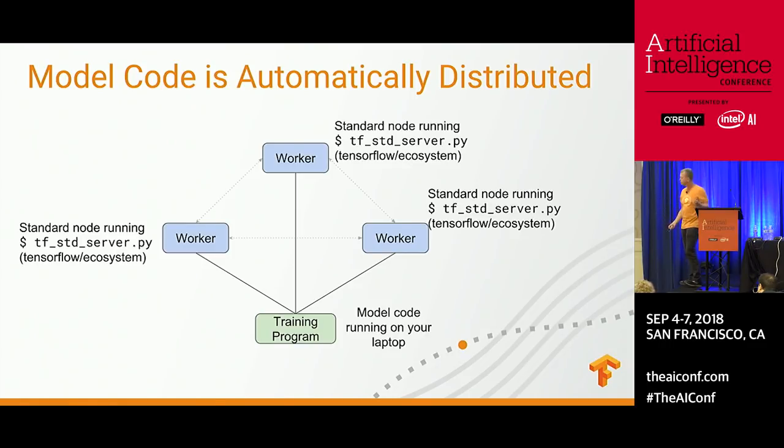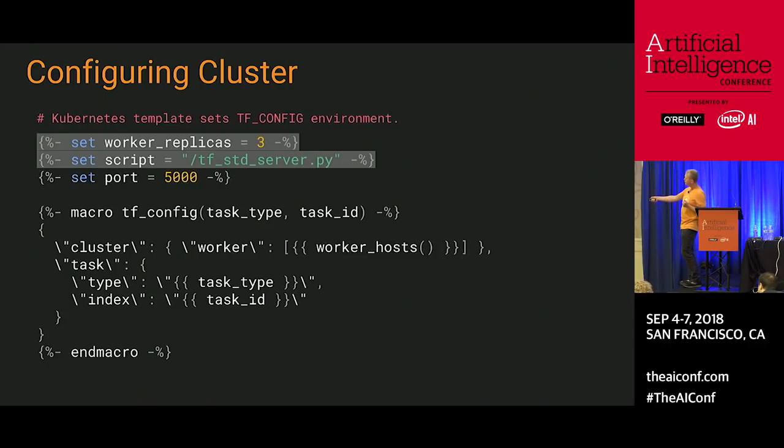And you do not have to do that, because the only thing you do is specify the script parameter in the Jinja file that you've seen a couple of times now, and we have the same number of workers here. And that means that this script will actually start on all of these nodes. So what we're talking about here is the capability to fire up a Kubernetes cluster with an arbitrary number of nodes without any installation of code. You can use a local laptop, and it will automatically distribute the model and the training to all of these worker nodes, just by having these two lines here.